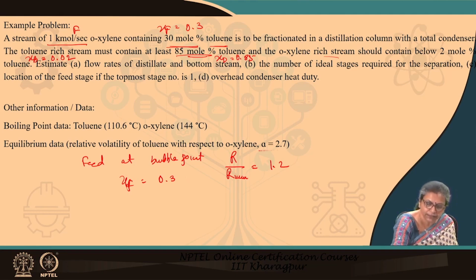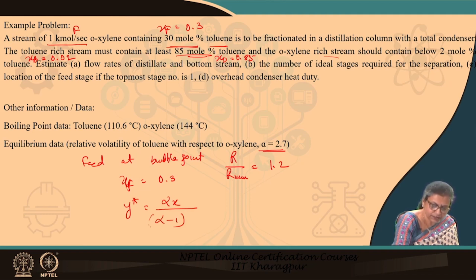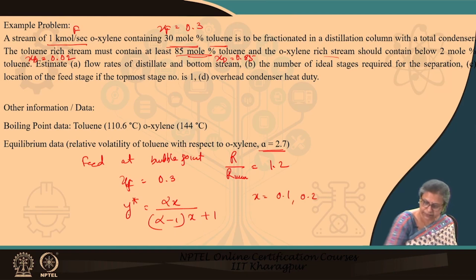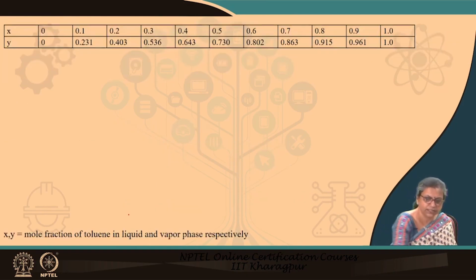The alpha is given as 2.7. Moment the alpha is given, we know y star, as we had already done previously, equals alpha x divided by 1 plus alpha minus 1 into x. So, corresponding to x equal to 0.1, 0.2 etc., we can generate the corresponding y star values, and I have done it, and this is tabulated in this case.